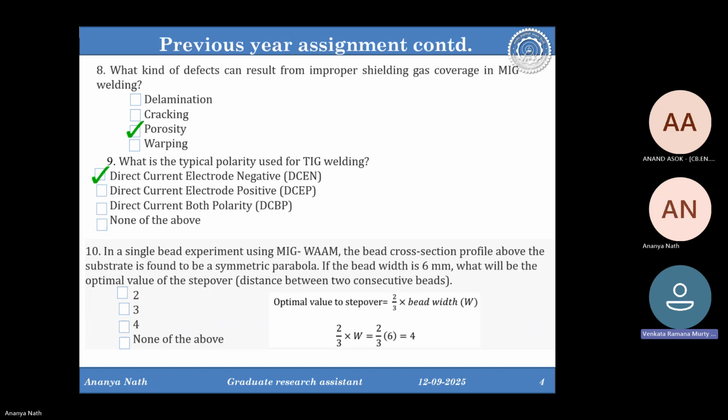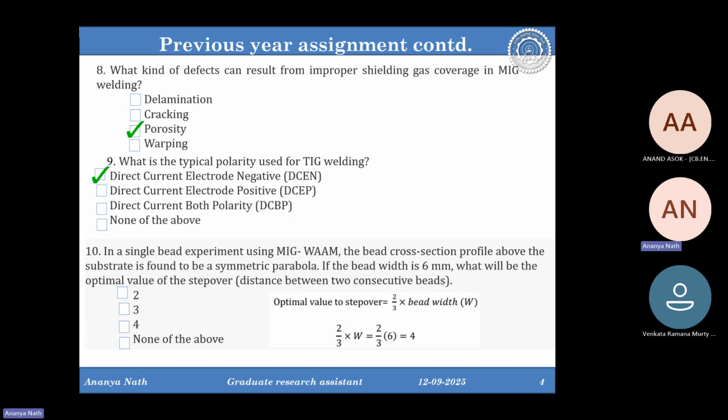So the work part, though it is subjected to some kind of melting, is not a part of the loop. Yes, that is what it should be. In other welding, actually, the work part is also one electrode. We treat the work part as an electrode, but here it is not like that.